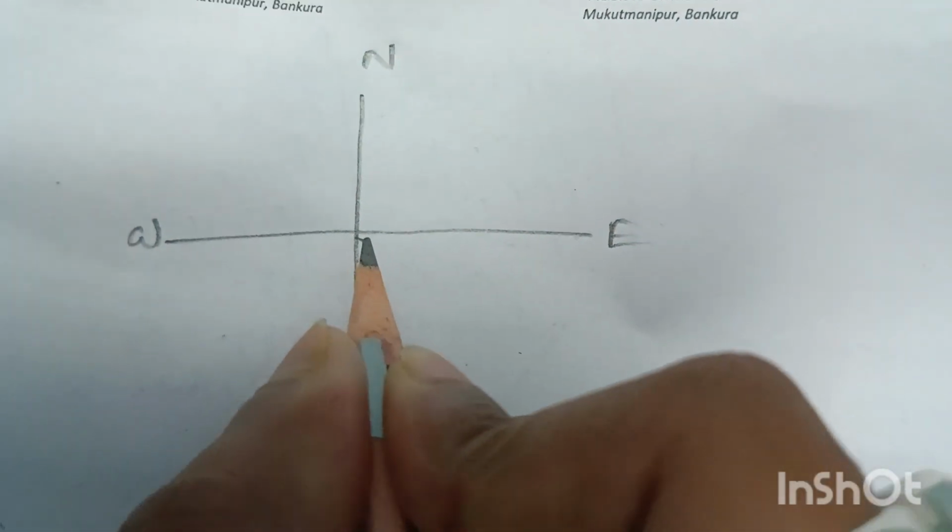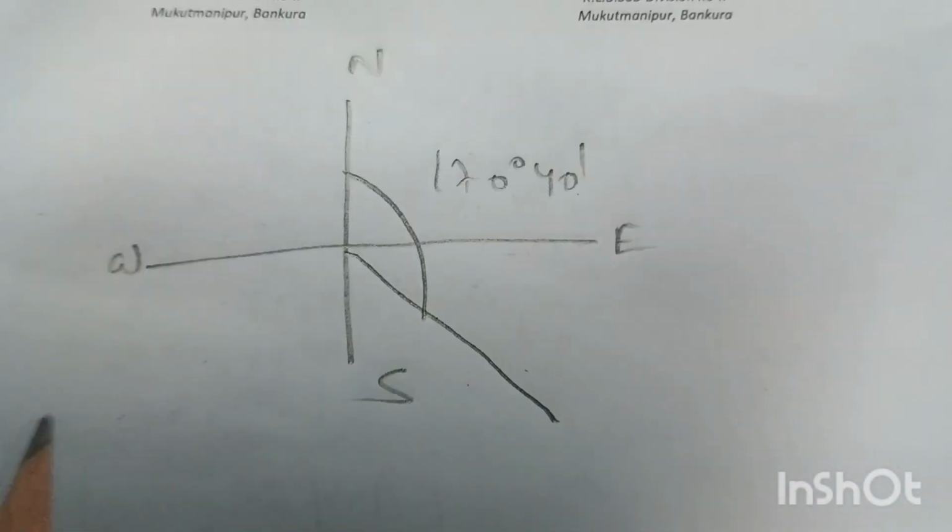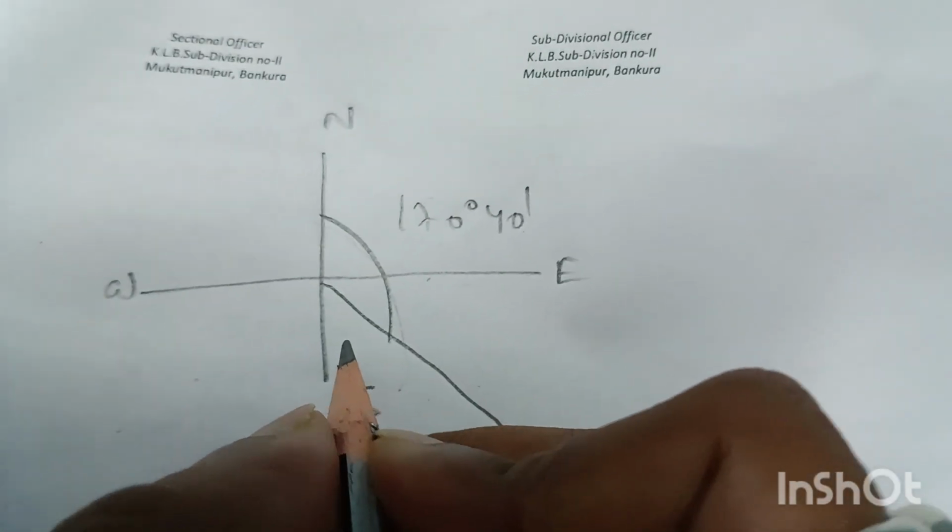Suppose this line has whole circle bearing 170 degree 40 seconds. Whole circle bearing is always taken clockwise from north. So this is whole circle bearing. Quadrantal bearing is the bearing of the line measured from the closer of north or south toward east or west, whichever is closer.